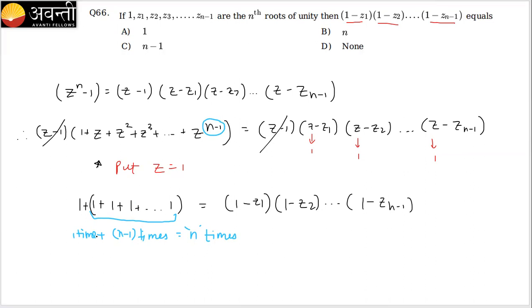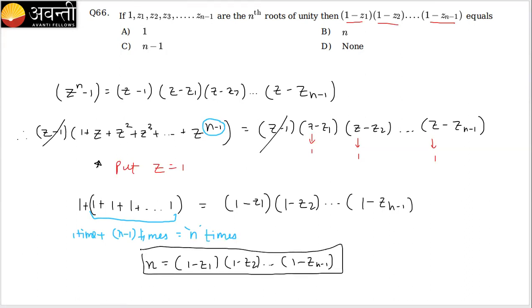So if we add 1 n times, we simply get n. So 1 minus z1 into 1 minus z2 into up to 1 minus z of n minus 1 is my answer. What is this value? It is n, which is option B.